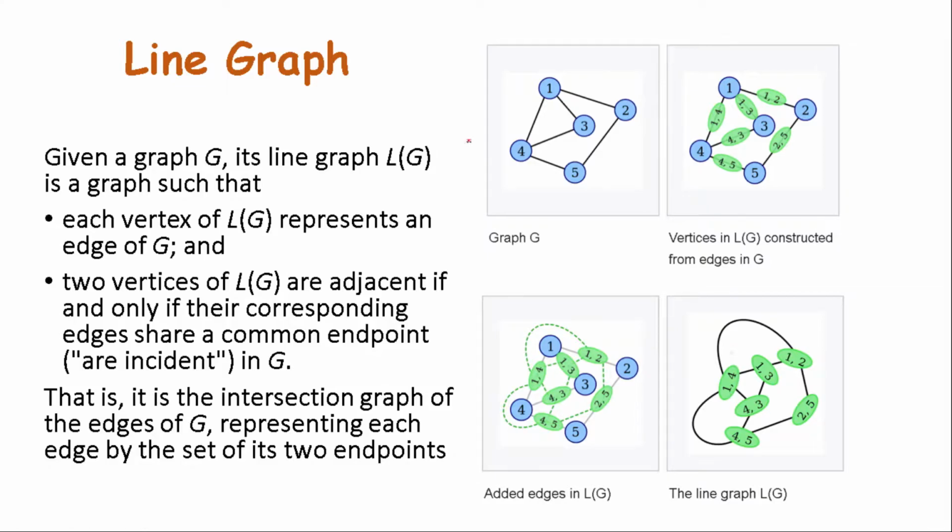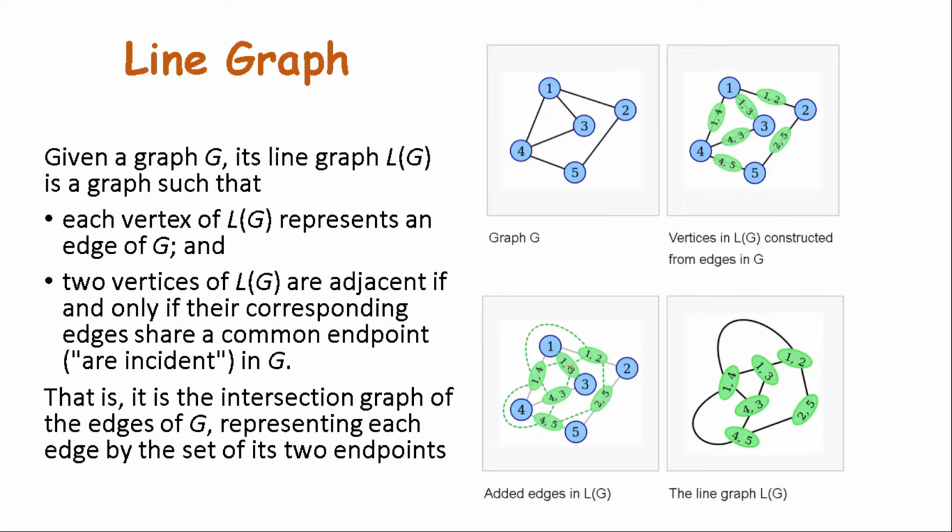Here 1 4 represents this edge and this is a new vertex in this case. There will be an edge if and only if two edges share a common vertex. Suppose this 1 4 edge and this 1 3 edge share a common vertex, that is 1. So we will have an edge between these two, 1 4 and 1 3. Correspondingly we will have edges for the other vertices so obtained.